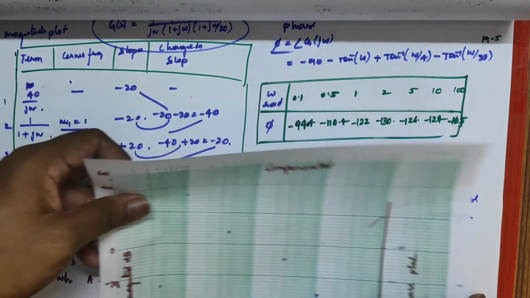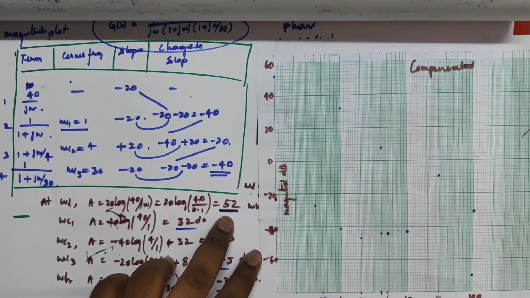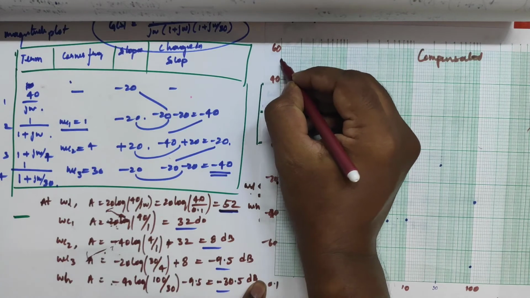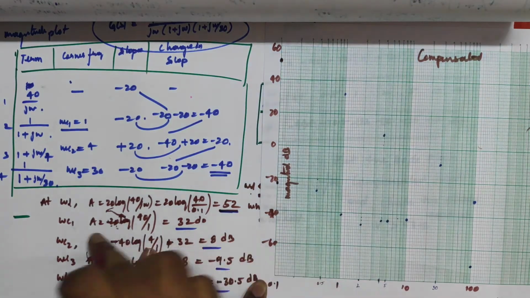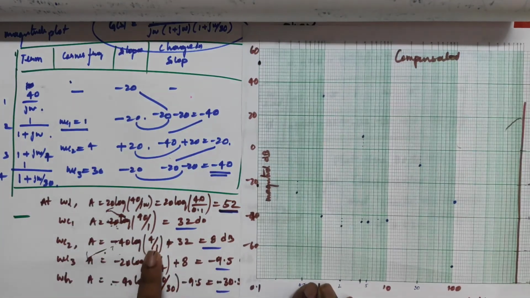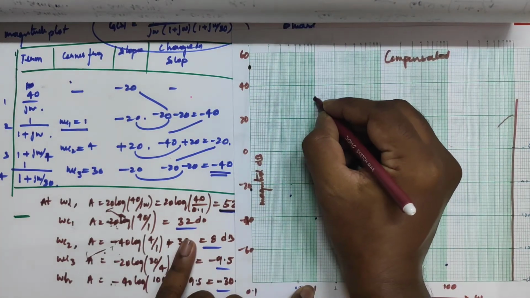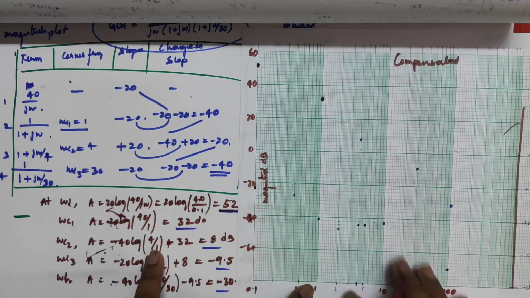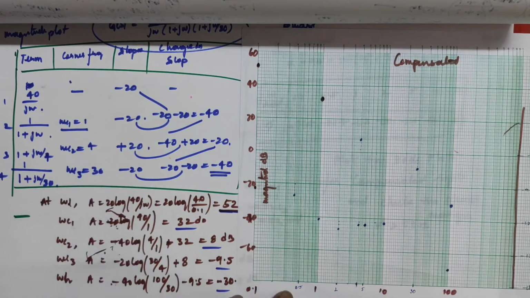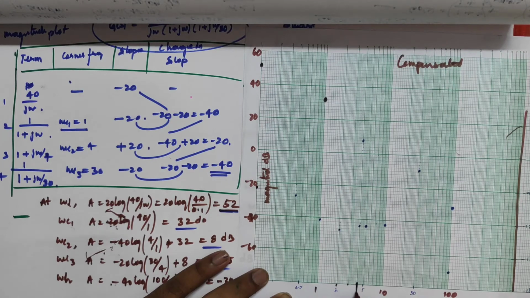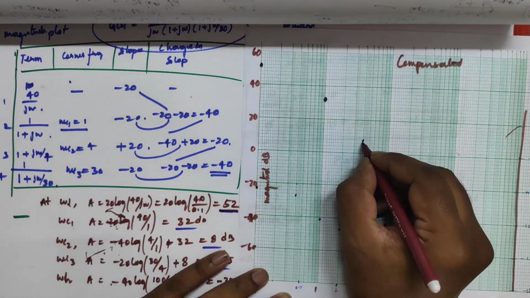At omega 1 I obtained 32. I plotted this, and at omega c2, that is at 4, I obtained a value of 8 dB.